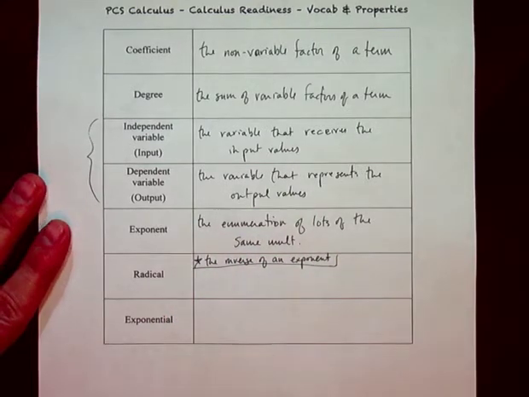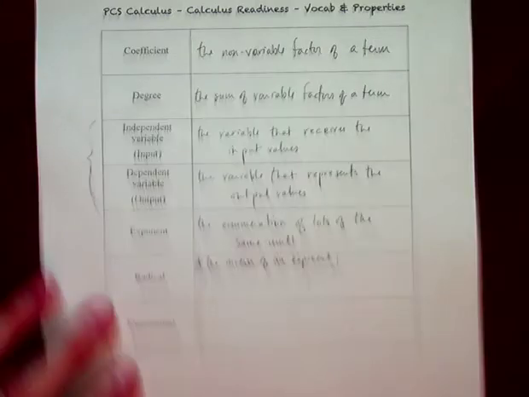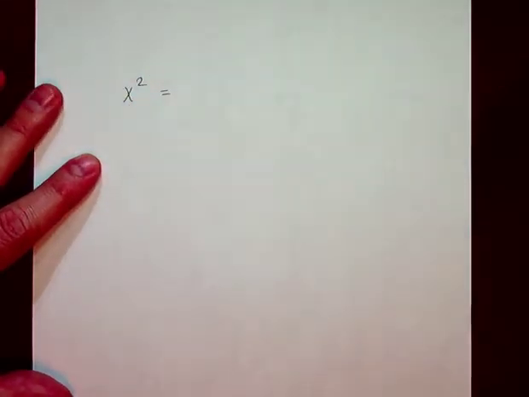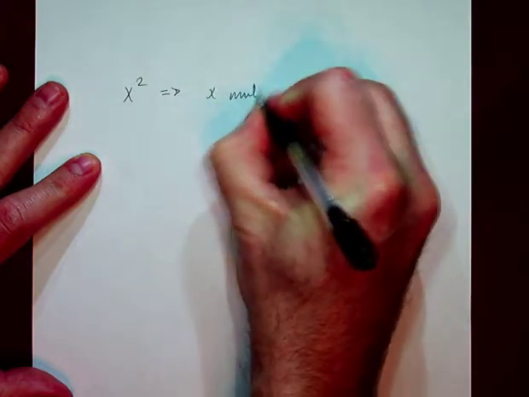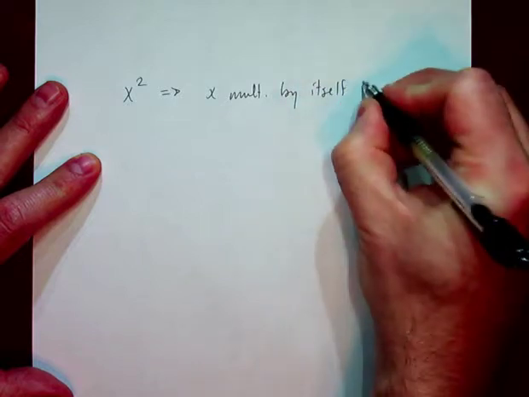And it basically doesn't enumerate lots of the same multiplication. It asks the question, let me put it this way. If I have x squared, this basically means x multiplied by itself 2 times.